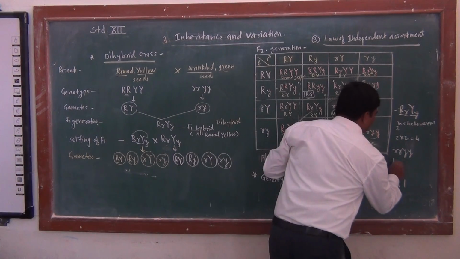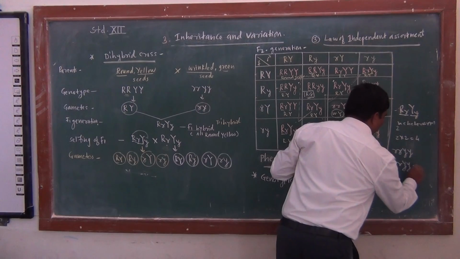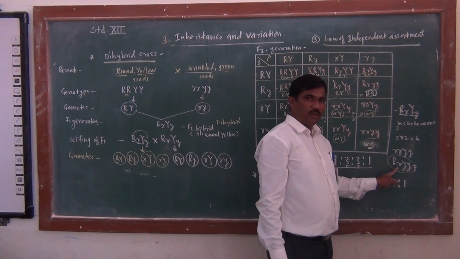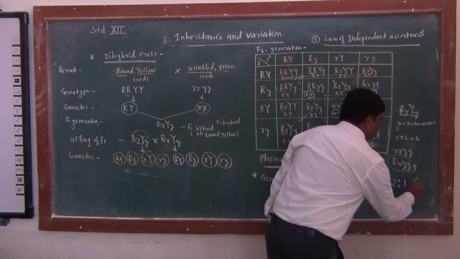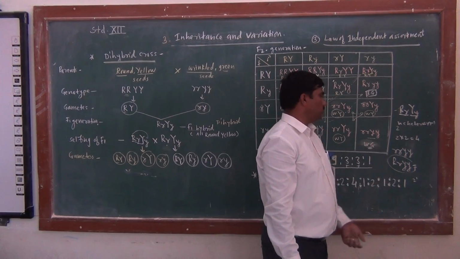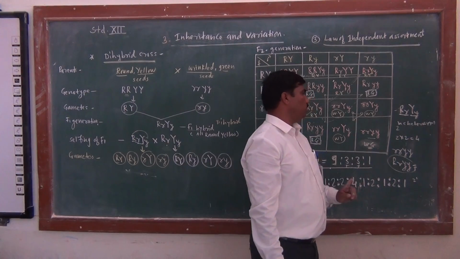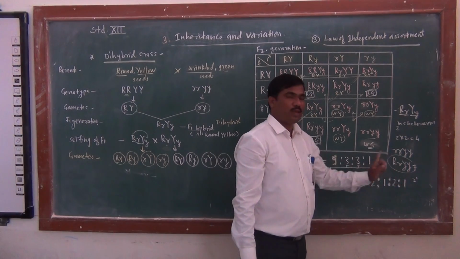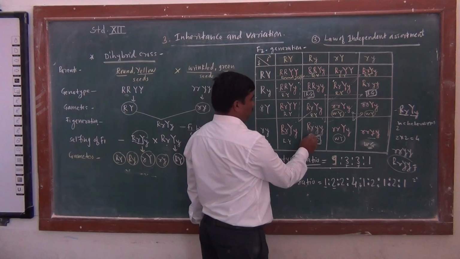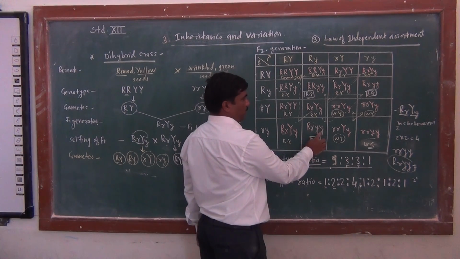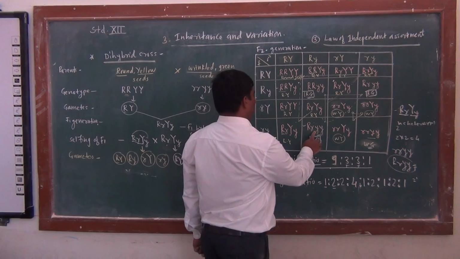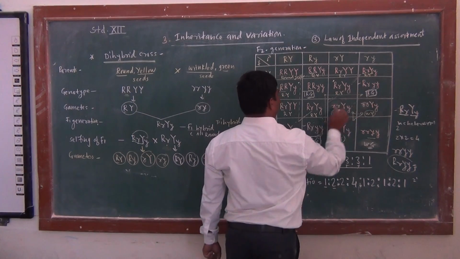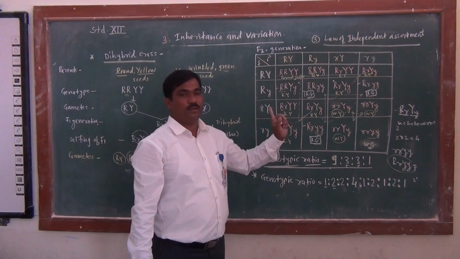Then capital R small r, capital Y capital Y: how many times are these individuals formed? Only one is in the heterozygous condition, so 2 raised to 1 is 2, that is 2 into 1, so 2 individuals are formed. They have genotype capital R small r, capital Y capital Y, and another with capital R small r, small y small y. So only 2 individuals are formed with these genotypes.